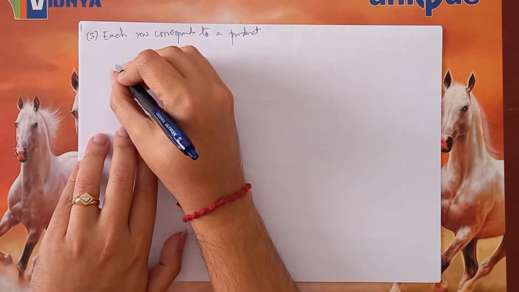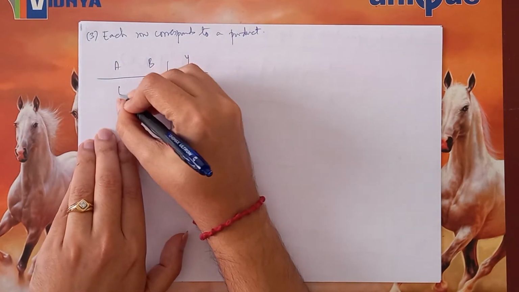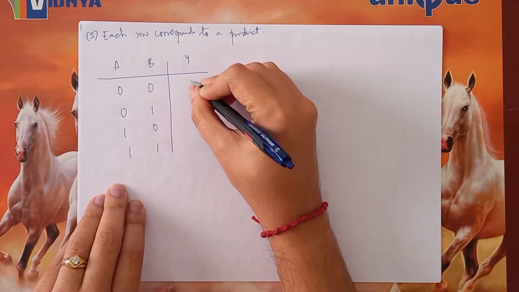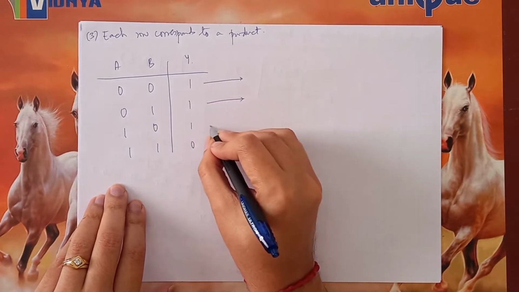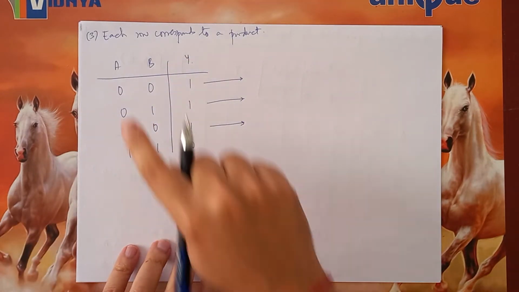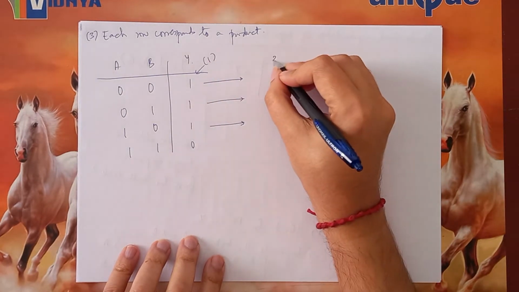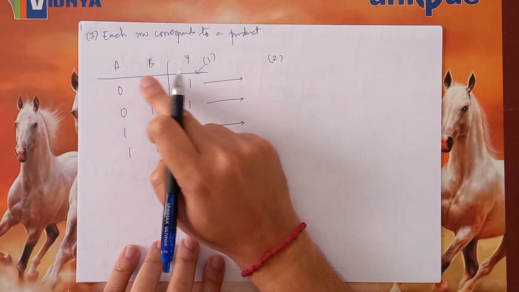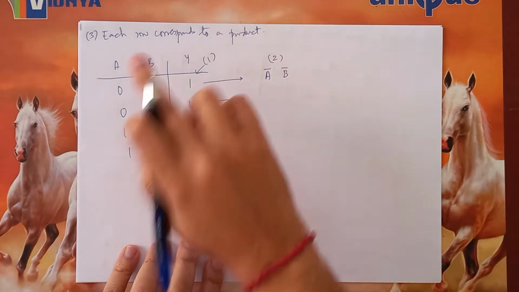So therefore, let us rewrite the truth table. Our question of interest is only these 3 rows because they are ones. So we have done the first step. We have identified the ones. Now the second step: for each row, look at A and B. Here A is 0 and B is 0, which means the expression is A bar, B bar.